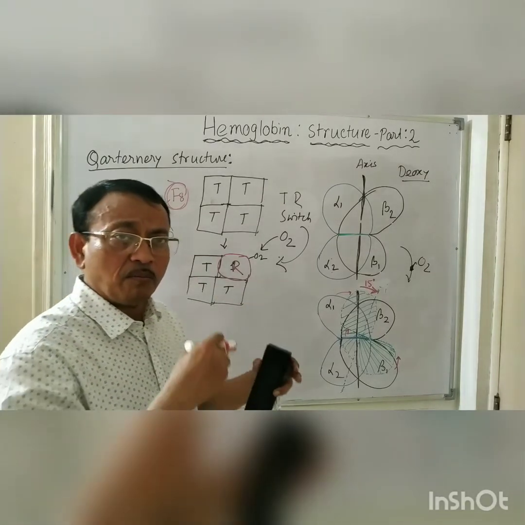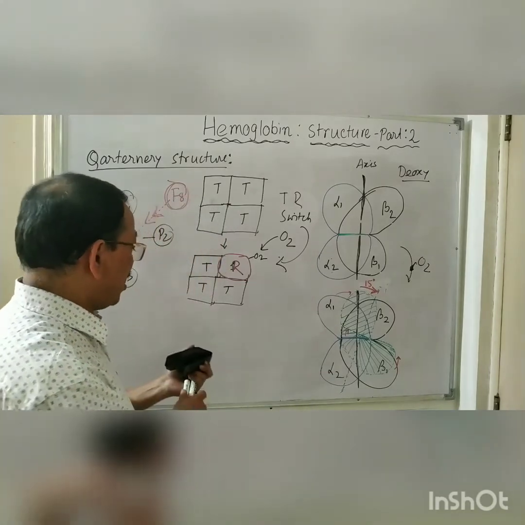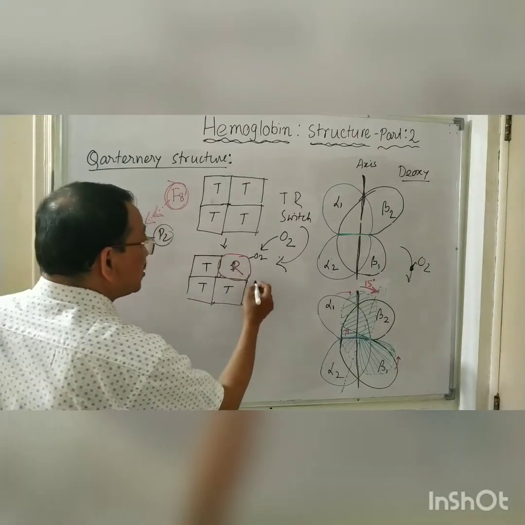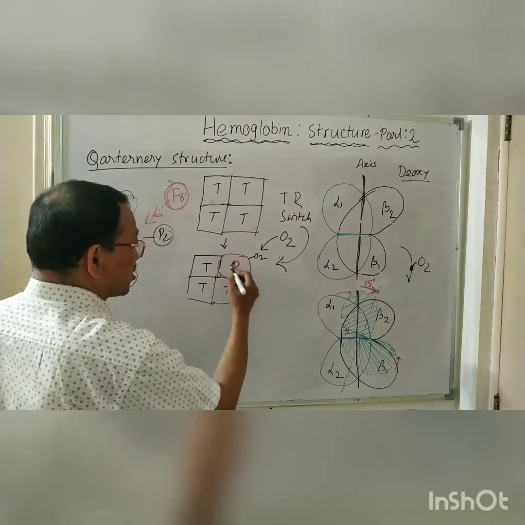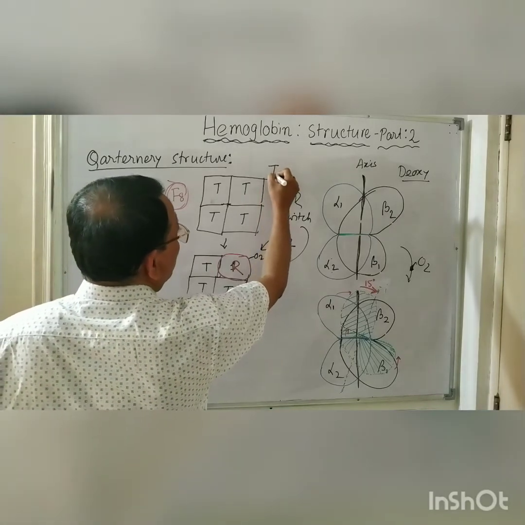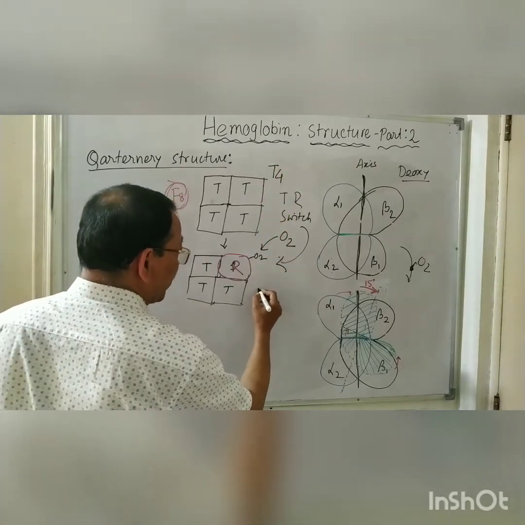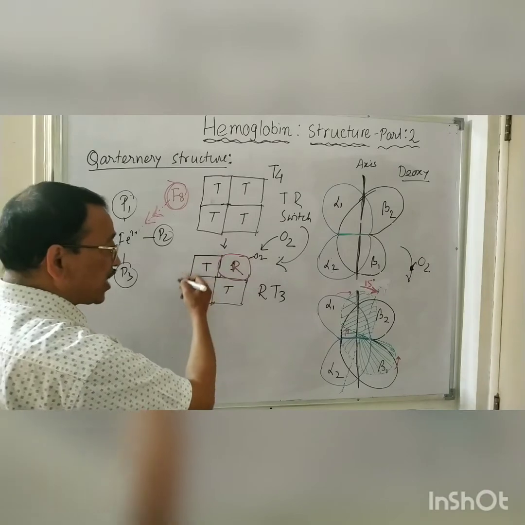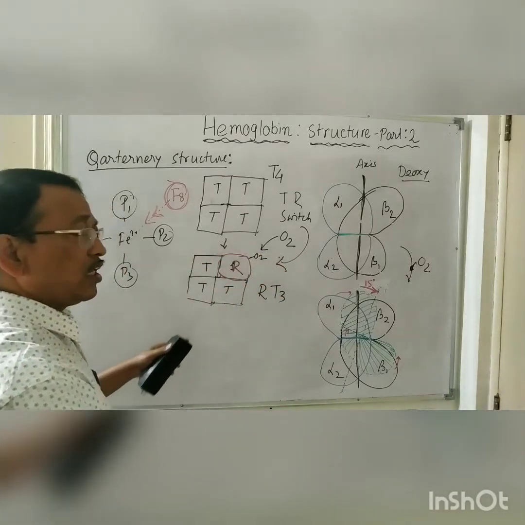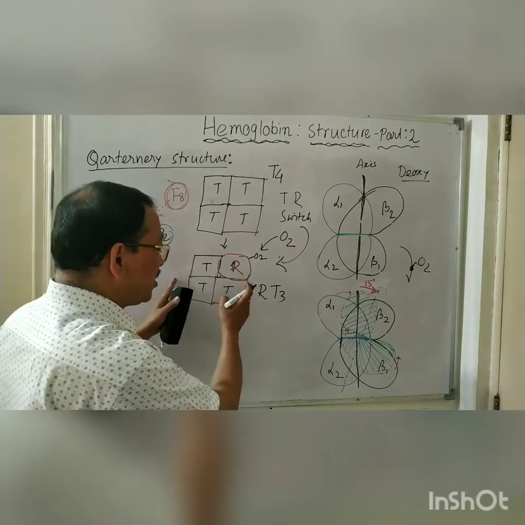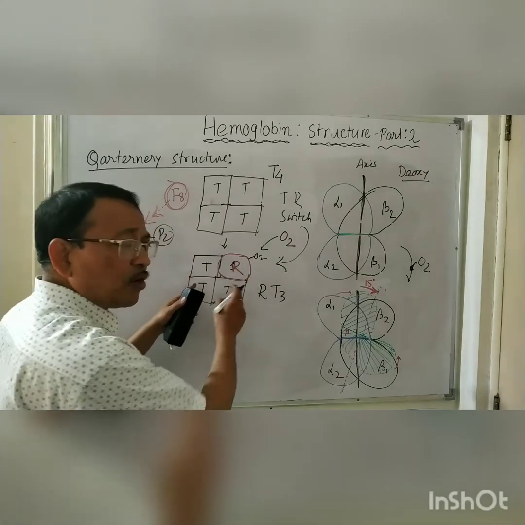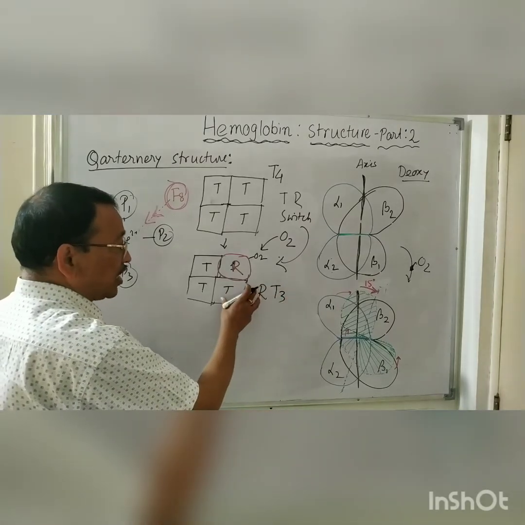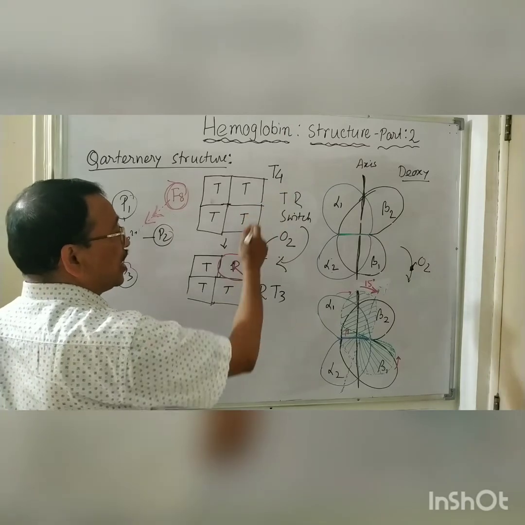Once this is broken down, this is the configuration known as T4, and this is the configuration known as RT3. Once RT3 is formed, because of the breakdown of the salt bridges between the R and the T forms of the hemoglobin molecule, the affinity of oxygen towards RT3 will be much more than for T4.